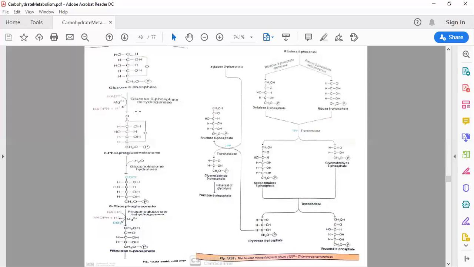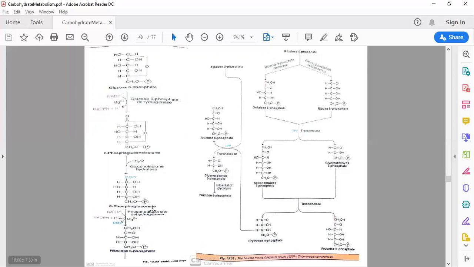So this first step, you can say it is the oxidative step. Later, the 6 phosphogluconolactone is hydrolyzed by gluconolactone hydrolase to produce 6 phosphogluconate.